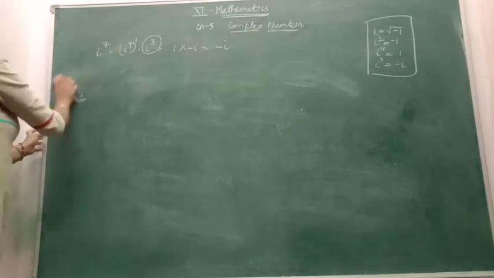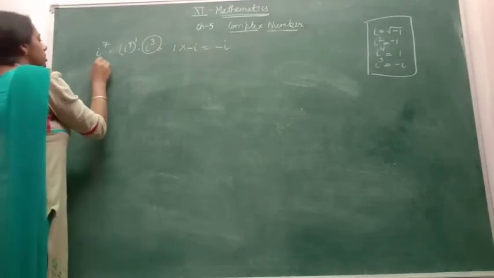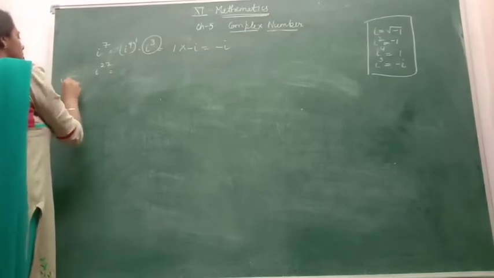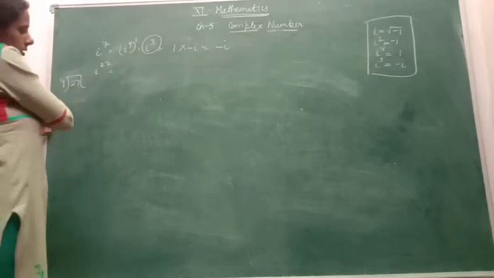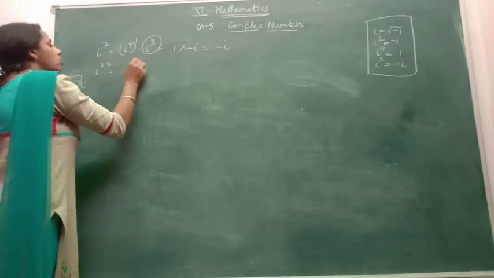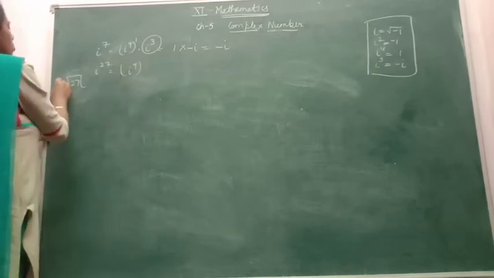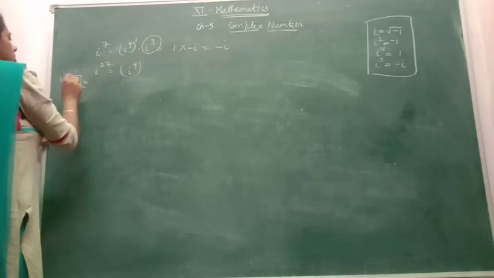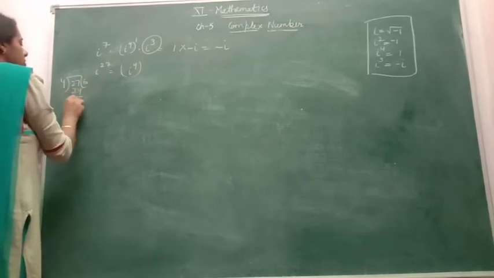Okay, if I take iota power 27, how will you solve it? Again divide by 4, in the form of power 4. 4 sixes are 24, and 3 will be the remainder.